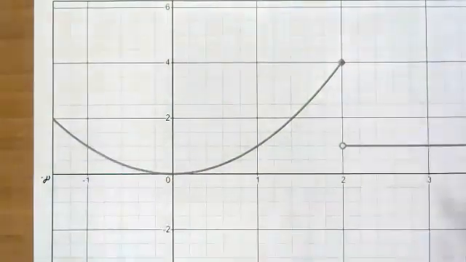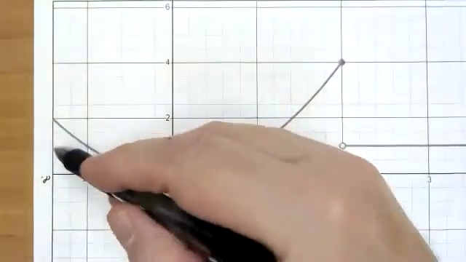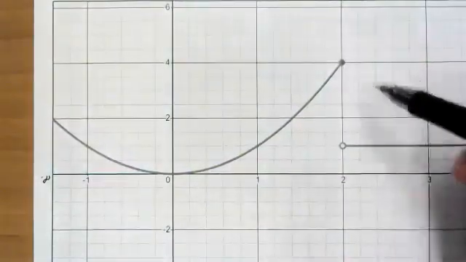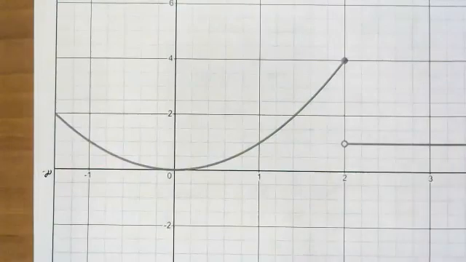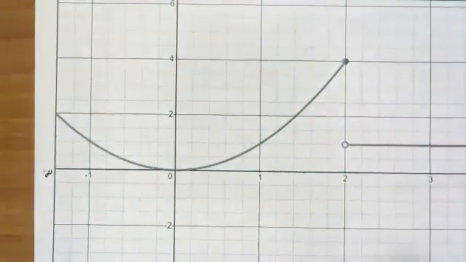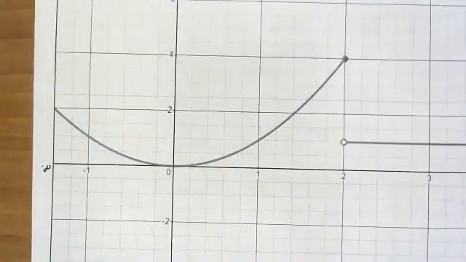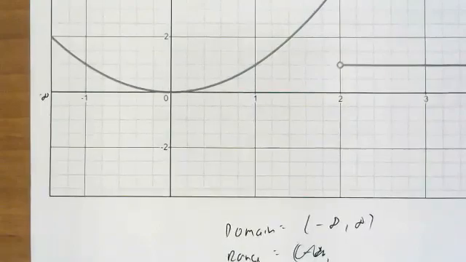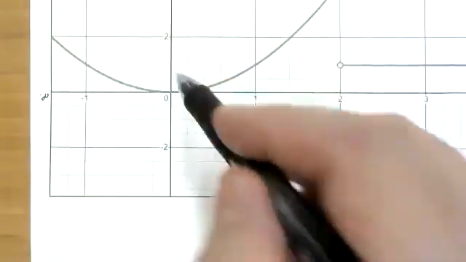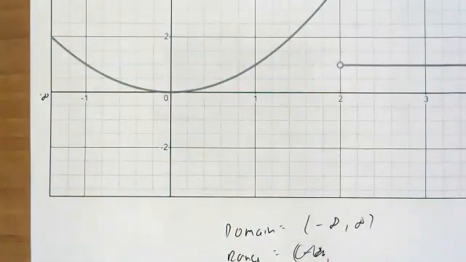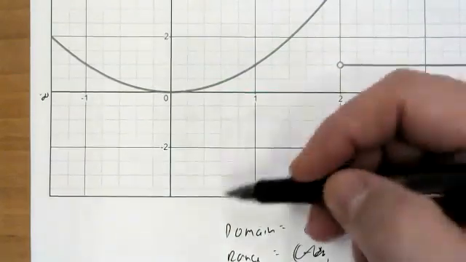So even though it's not continuous, as it turns out, whoops, I meant to put domain here, the domain is negative infinity to infinity. It's almost like any value of x I choose on this graph, the function is going to exist.